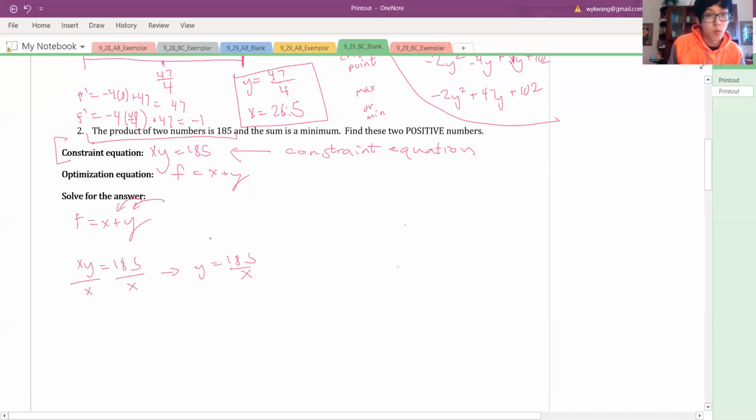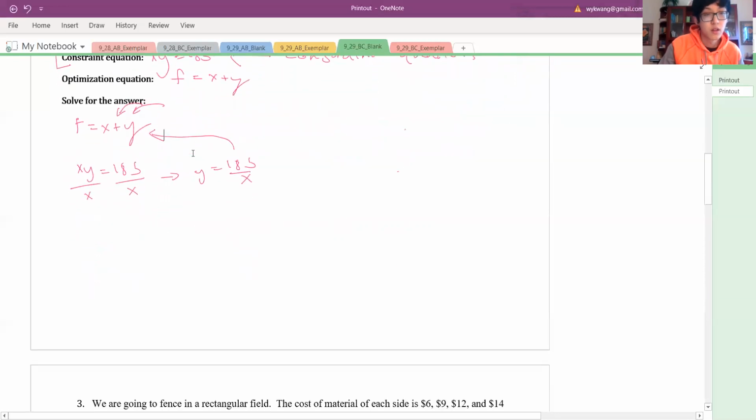Now I'm going to put 185 over x into here. So then we're going to get f is equal to x plus 185 over x. I'm actually not sure I'm going to get through this entire problem, but I'm going to try to get as far as possible.